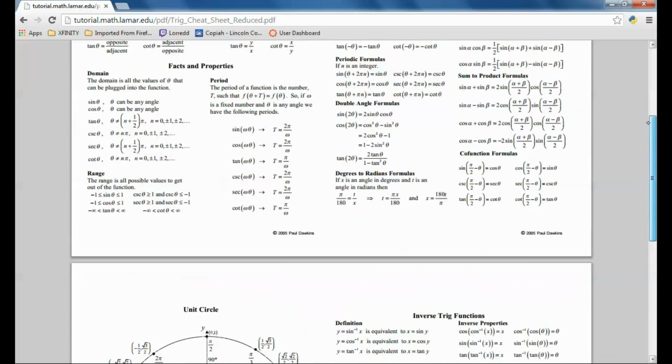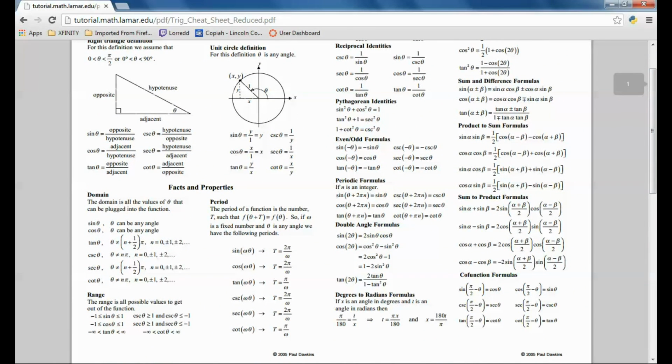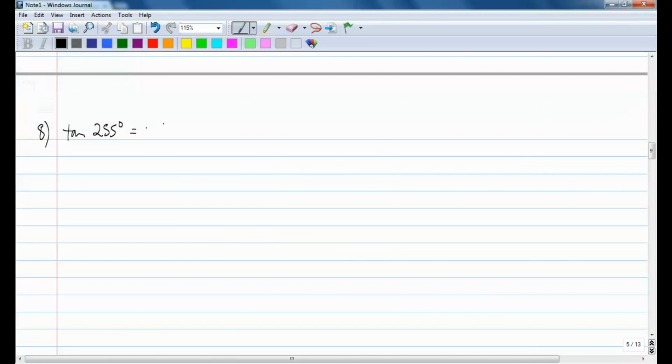And then we want to use the sum formula for tangent. Tangent alpha plus or minus tangent beta over 1 minus or plus tangent alpha times tangent beta. Alright, so this is the tangent of 225 degrees plus 30 degrees.